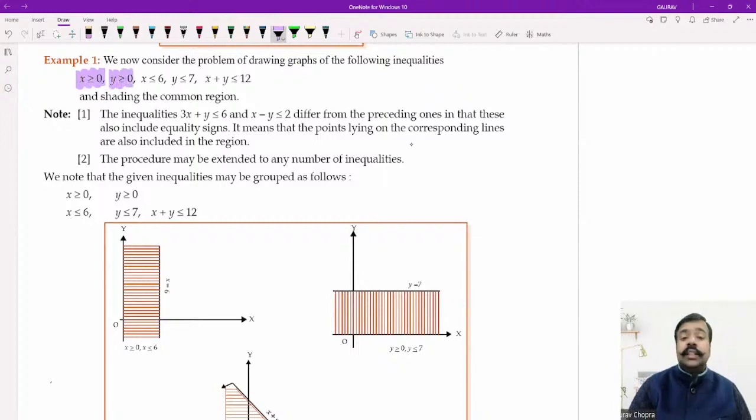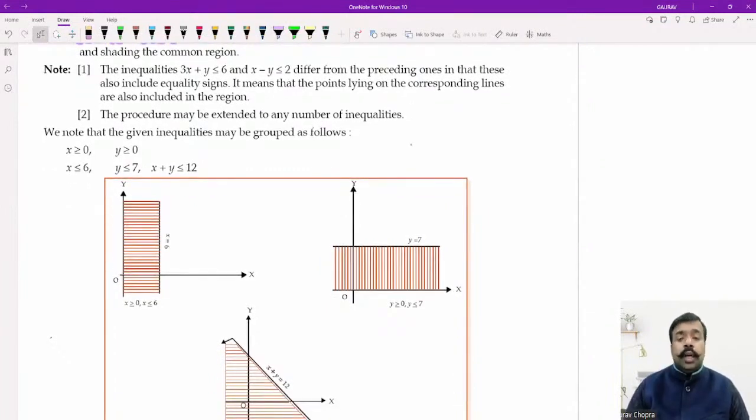Also, y is greater than or equal to 0. x is less than or equal to 6. y is also less than or equal to 7. And x plus y is less than or equal to 12. So the initial four equations are basically one variable, and the last one is two variables.